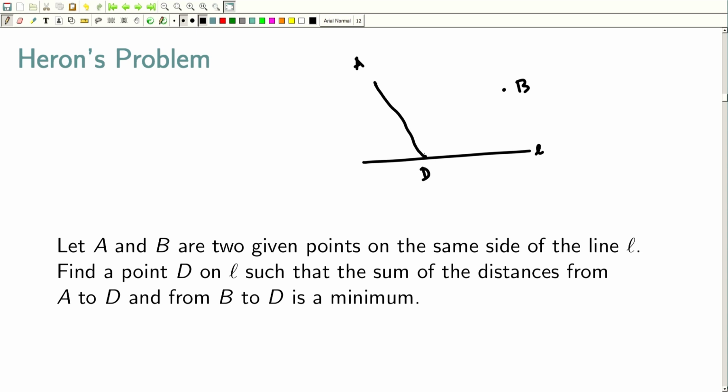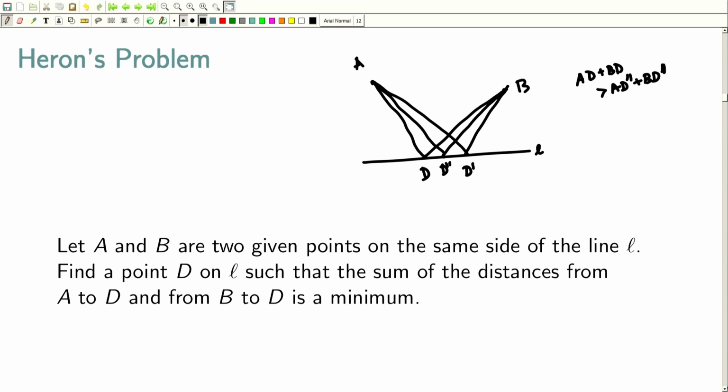So, I have AD plus DB, and if I take another point D prime here, this is AD prime plus BD prime. I can keep on choosing, say D double prime, and then I have this. Now, is AD plus BD greater than AD double prime plus BD double prime, or for that matter AD prime plus BD prime?